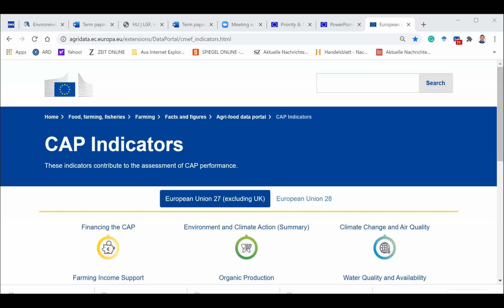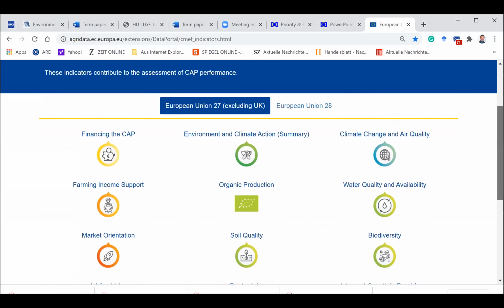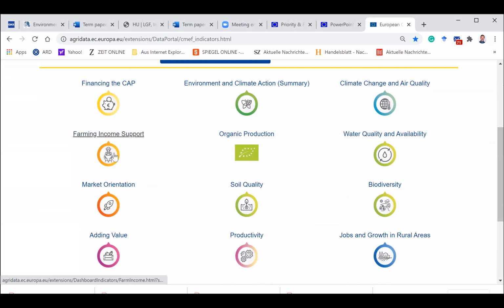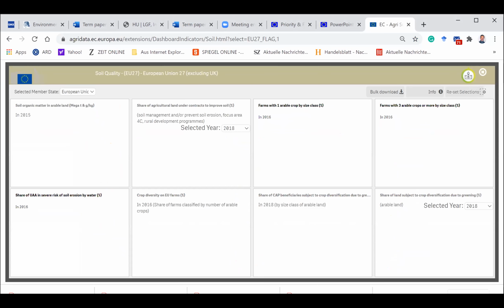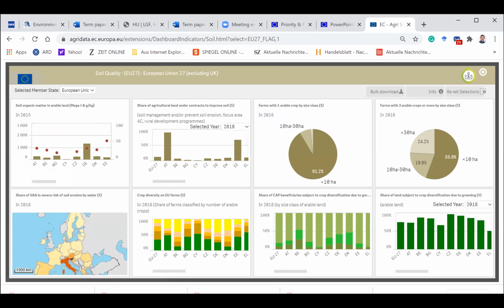These are hopefully the performance indicators. And you see then farm income, support, market, soil quality. We go to soil quality, and there are well-defined indicators that allow for monitoring and controlling the objectives.